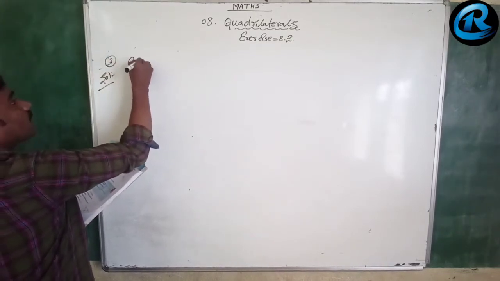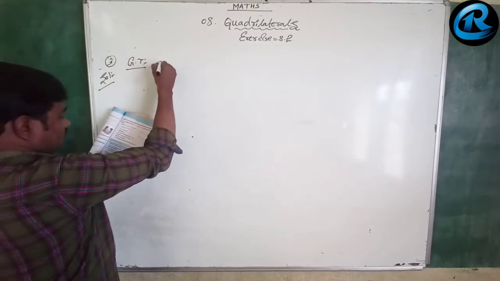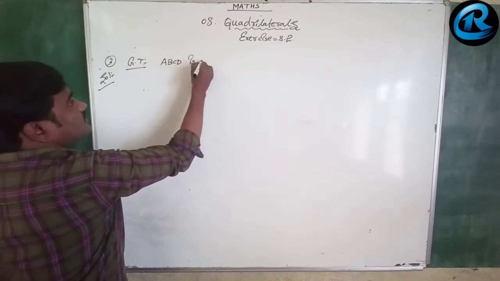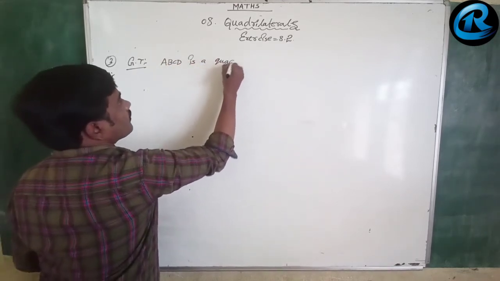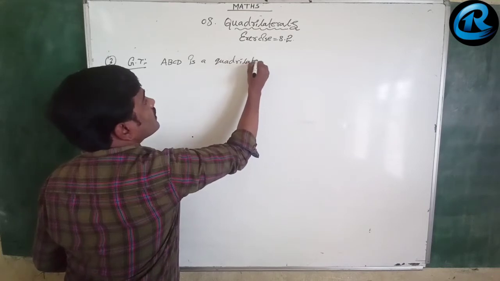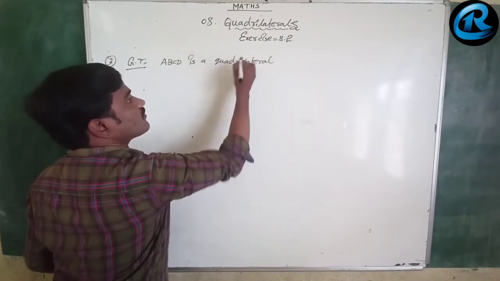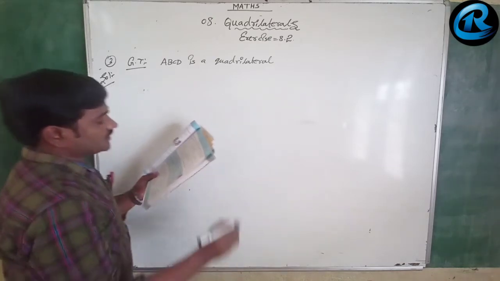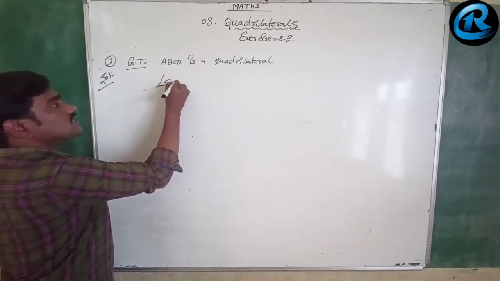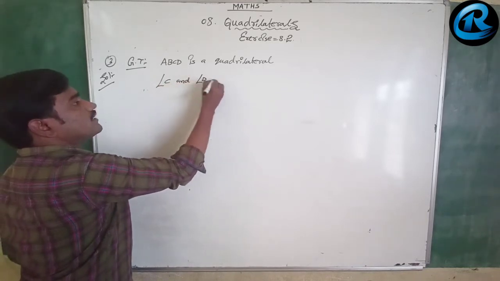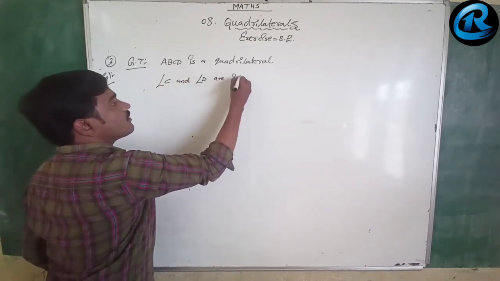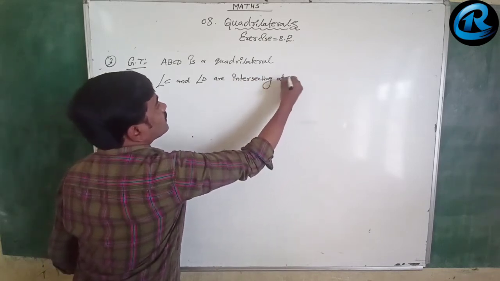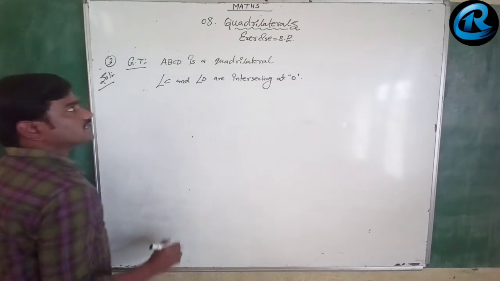Given that ABCD is a quadrilateral, and the bisectors of angle C and angle D are intersecting at O.